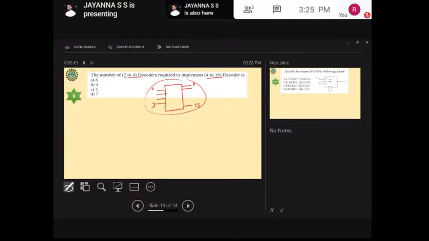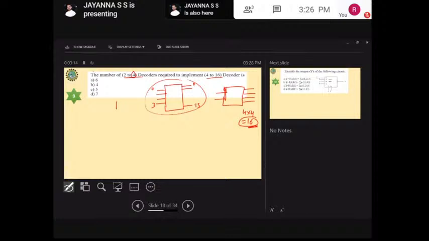I have 4 inputs here. A 2 to 4 decoder has 2 inputs and 4 outputs. In order to get 16 outputs, it should be 4 into 4, so I'm going to get 16 outputs.